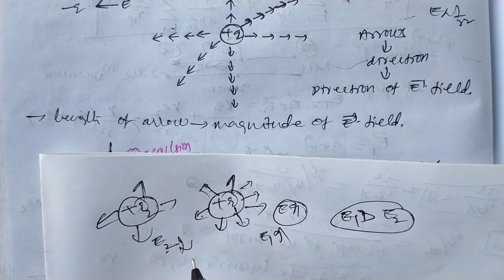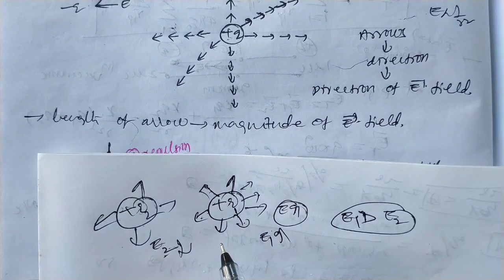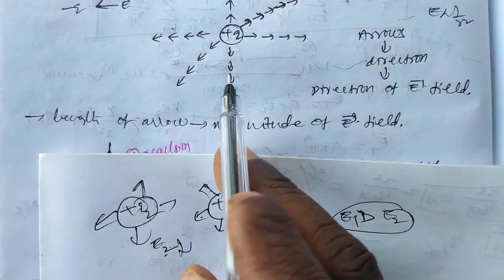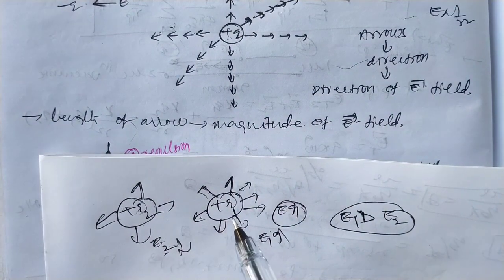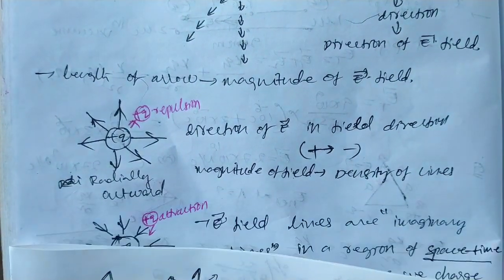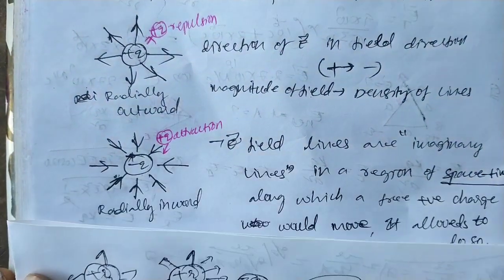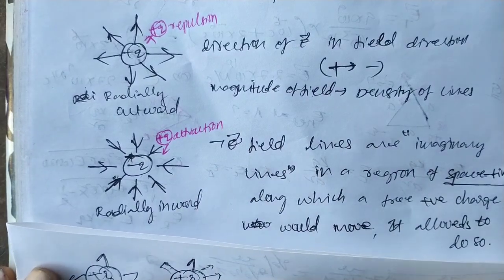High electric field means high field strength. More lines of force means the electric field is more. That is nothing but electric lines of forces. The same phenomenon applies to density.